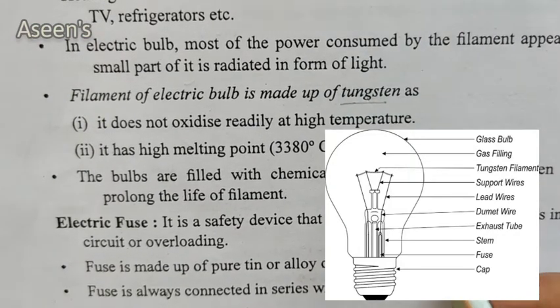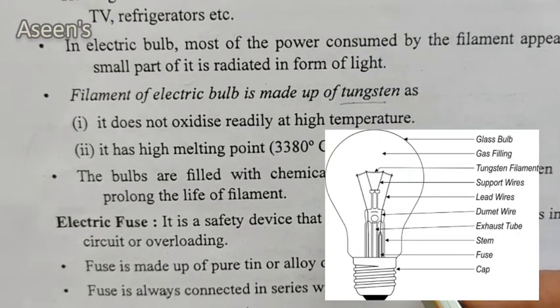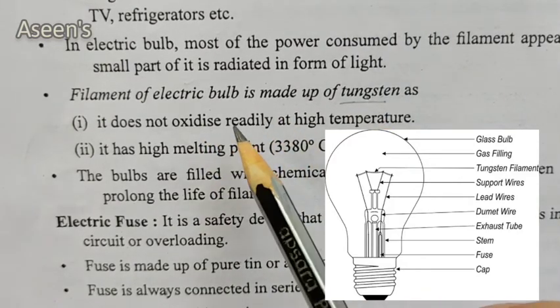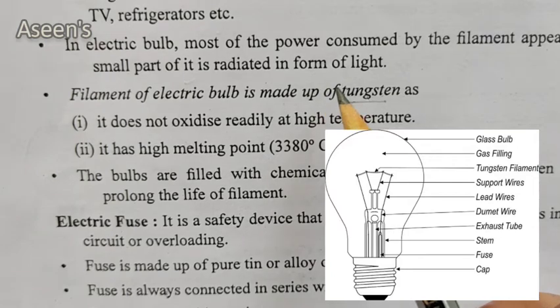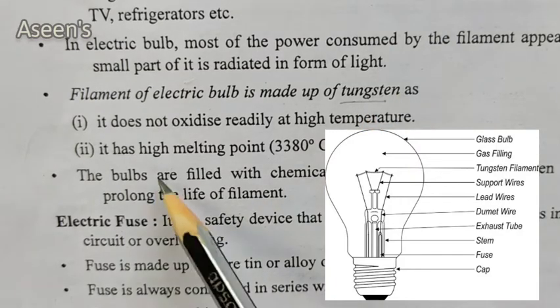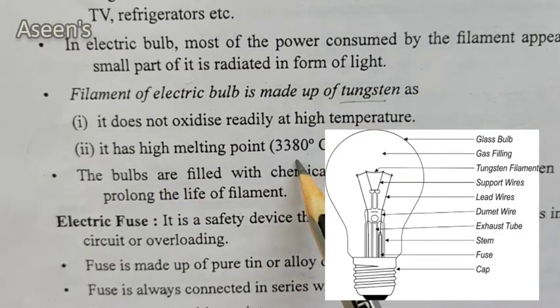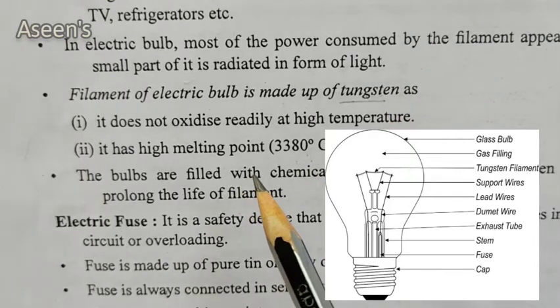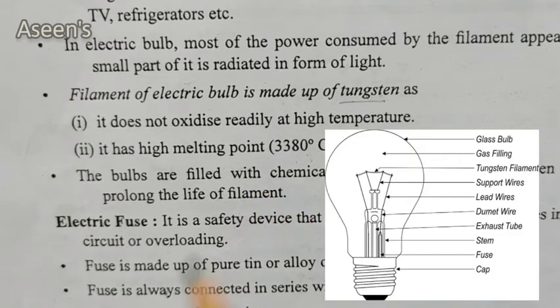So even if you supply high temperature because of the high amount of electricity, then too the tungsten will not oxidize. It won't react with any oxygen present around. You won't see any oxidization on it. Next, it has a high melting point, 3380 degrees Celsius. This is pretty high. So that means that whatever electricity you are supplying, there is no chance of tungsten being melted. So it will withstand such very high temperatures, so no issues with it.